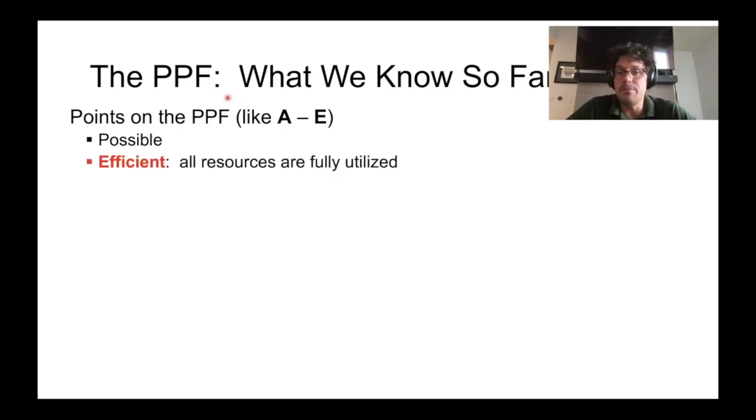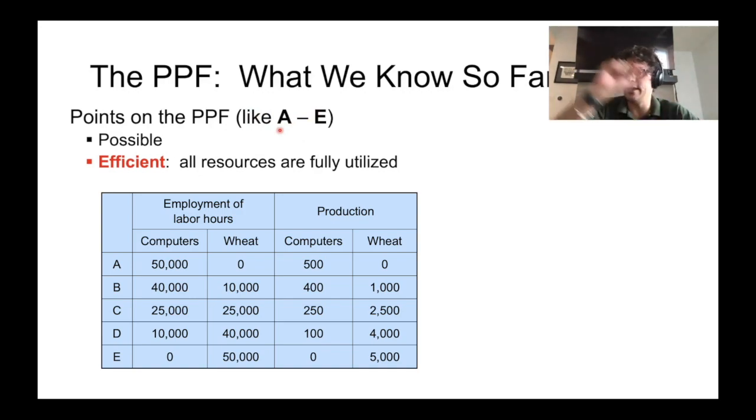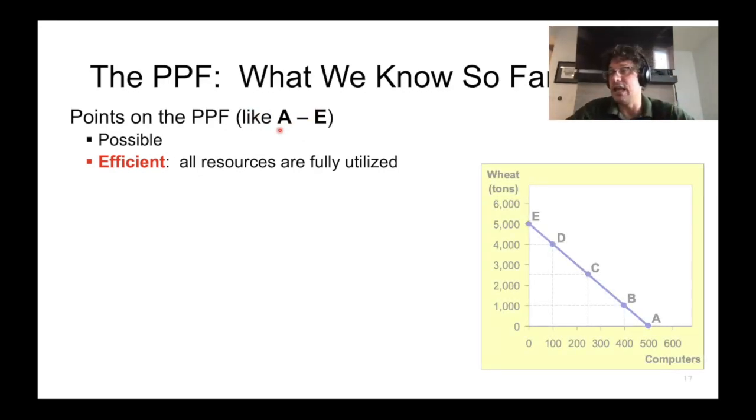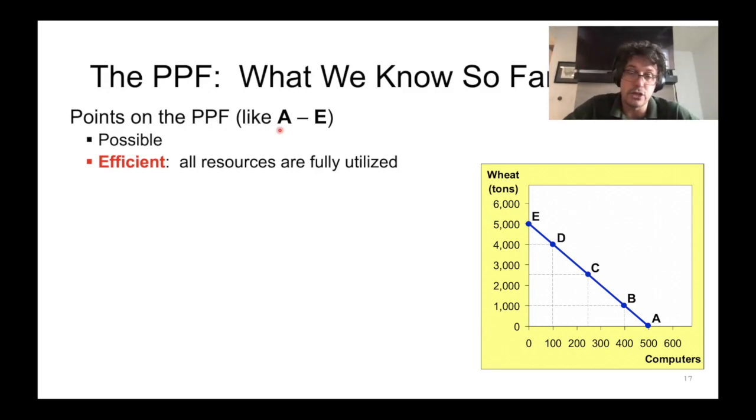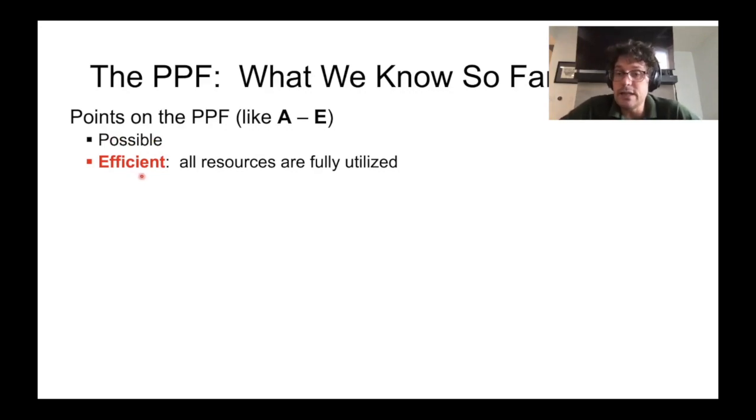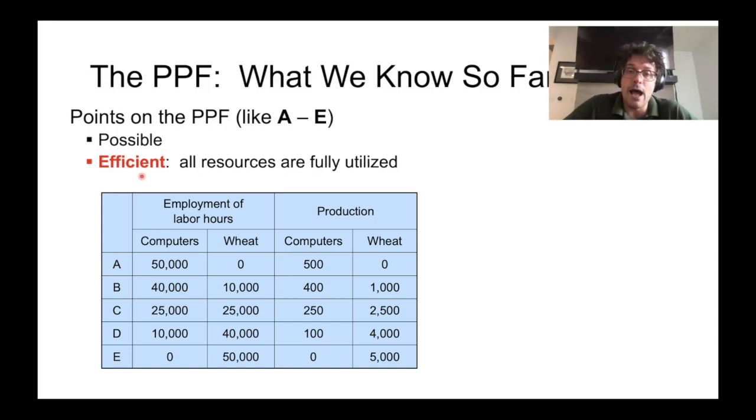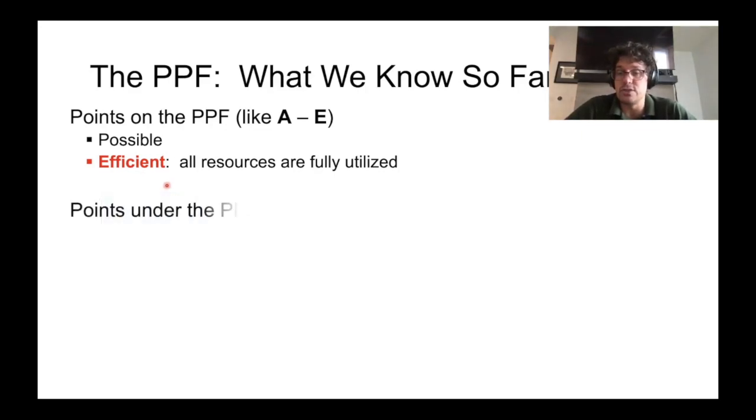In particular, all the points that we drew using the tabular representation, the points from A to E, A where we specialize in the production of computers, E where we specialize in the production of wheat, these points are possible, and more importantly, they are efficient. So all the resources are utilized. If you remember our tabular representation, we were using all our labor hours. So there were no labor hours that were not used.